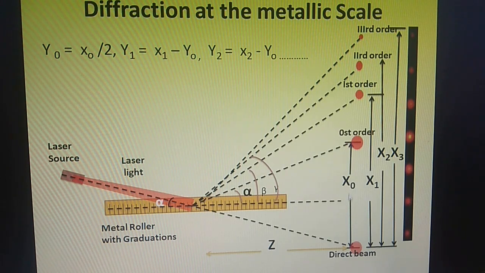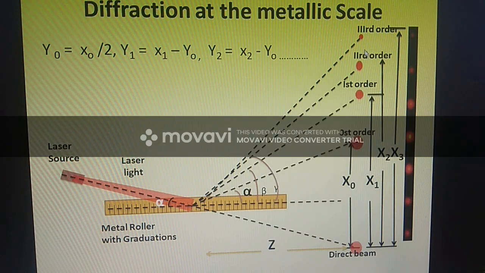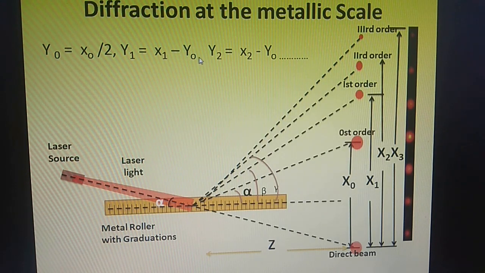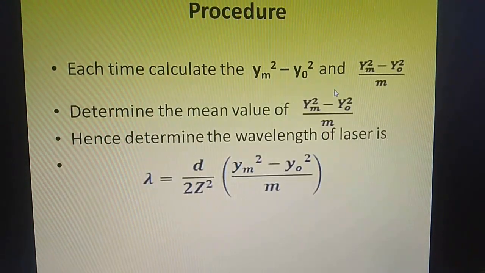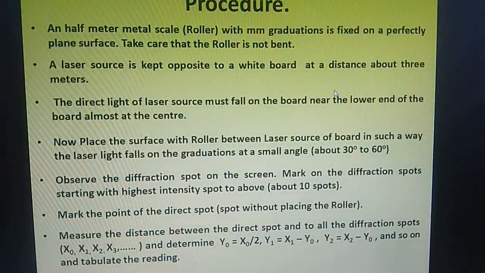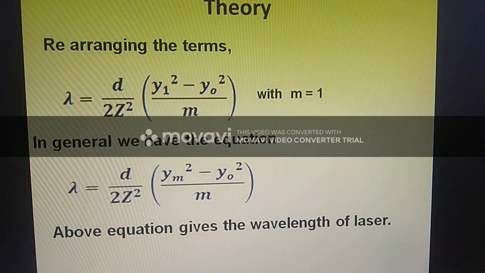We are measuring the distances y0, y1 from the plane of the scale to the first order, second order, third order spots. y0, y1, y2, y3, like this. y0 is x0 by 2, y1 is equal to x1 minus y0, y2 is equal to x2 minus y0, and so on.